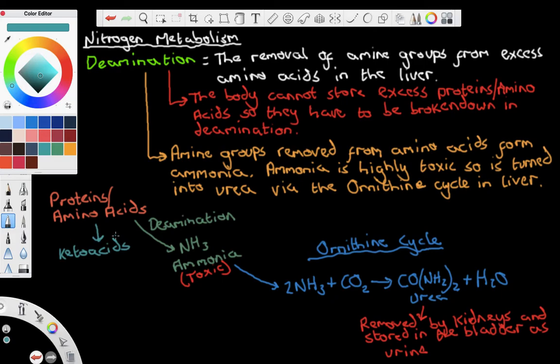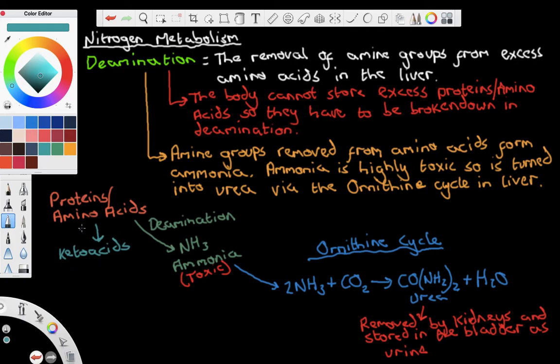Now, I'm sure you hear lots of influencers on social media talking about keto, the ketogenic diet, and this is essentially where you turn proteins into other molecules. You turn them into things such as fats and carbohydrates for you to use as energy. So you eat a low carb diet so that your body turns proteins into carbohydrates and glucose so that you burn fat, but you also have energy to survive.